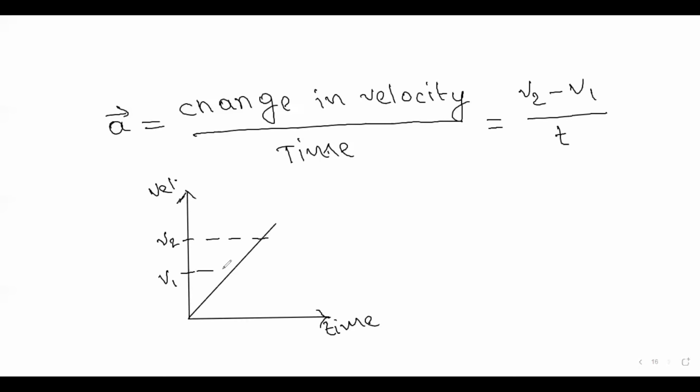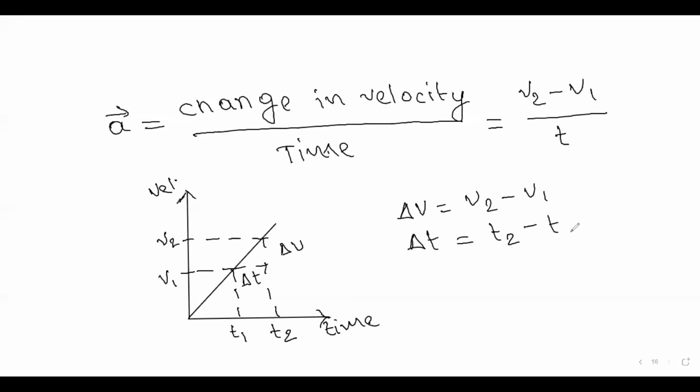And again, I am going to draw the dotted lines. I am going to intersect it with the x-axis, velocity and time graph. Here I'm going to write delta t, and this will be delta t. So as we have known earlier, we can write delta v as v2 minus v1, and delta t as t2 minus t1, right?